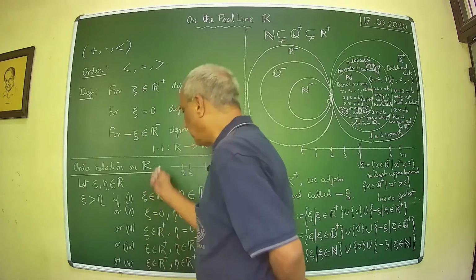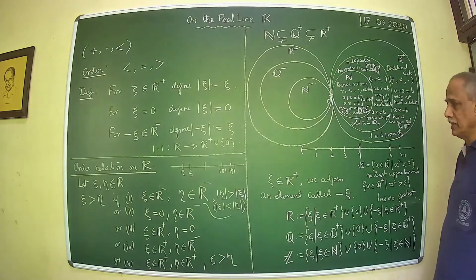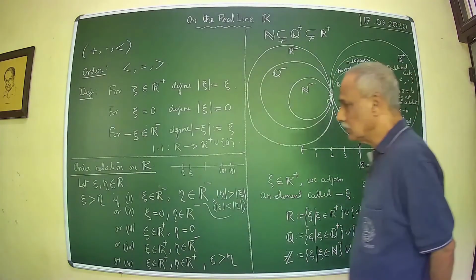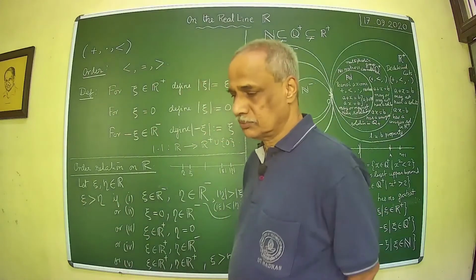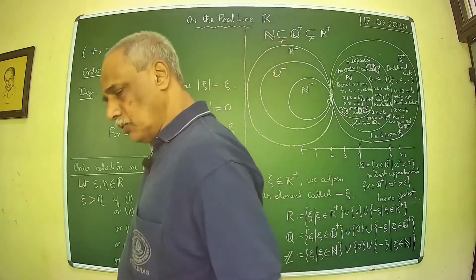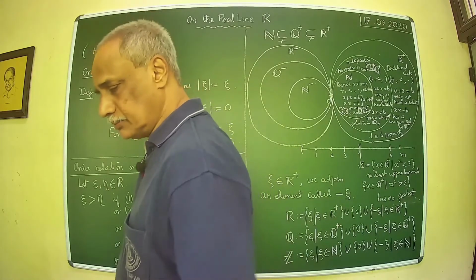So now all possible choices of psi and eta have been covered. Now this is the meaning of the greater than. Now one can prove all the consequences related to the order here.